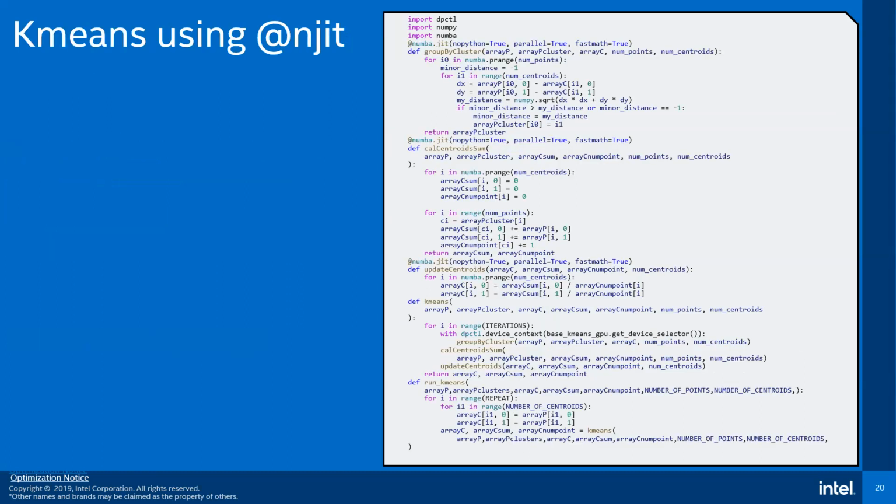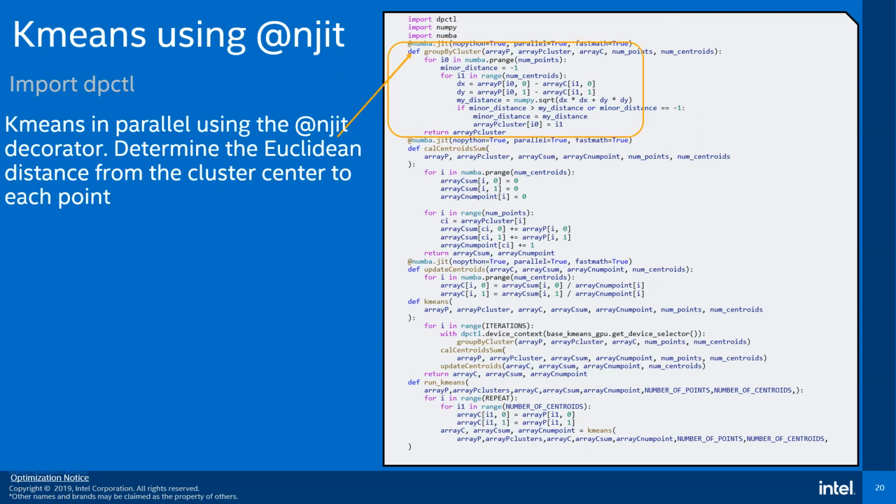Sorry, the slide is a little bit filled, but the main point is that we are using the k-means algorithm with the njit decorator. We are actually importing Dpctl. So with k-means, we're creating multiple clusters, centers of points, and we are trying to identify and arrange the points as per the clusters, right?